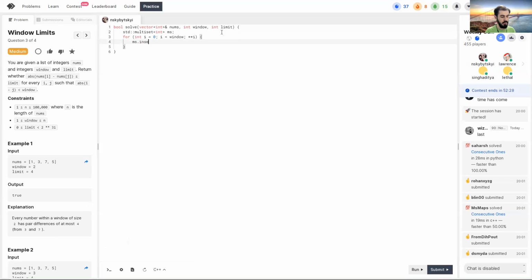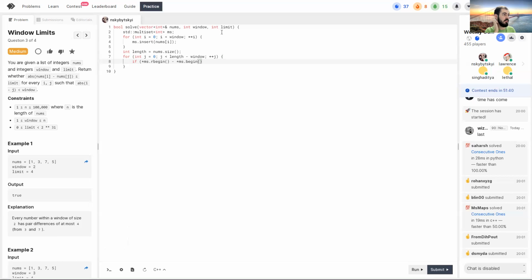We want to insert the first window numbers, then for every next element we would like to check that in the multi-set the last should be the greatest, so we can subtract as such.